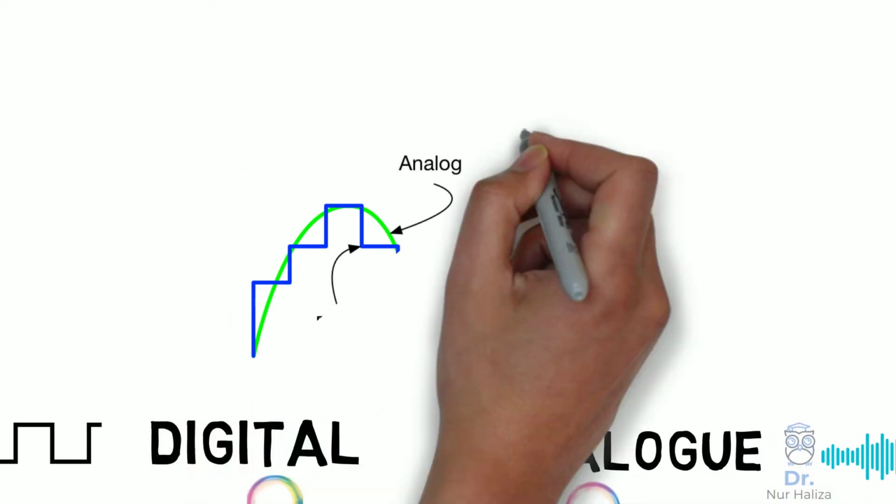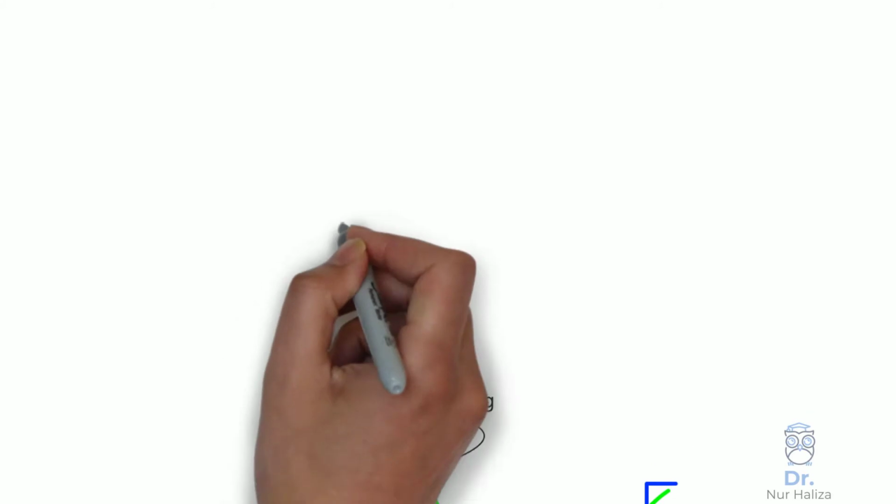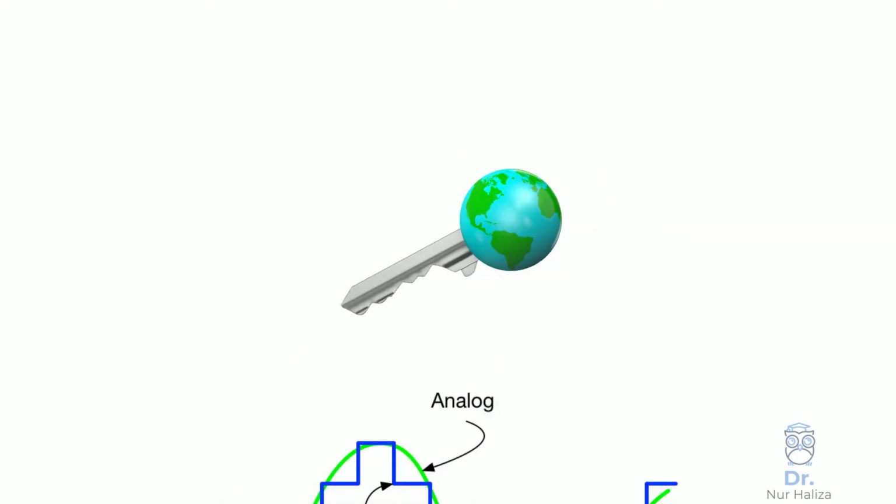And this picture is a combination of digital and analog signals. You can see the blue color represents the digital signal, and the green one represents the analog signal. There are two different signals here, and we can easily differentiate them.